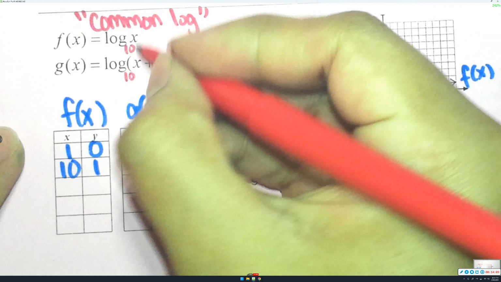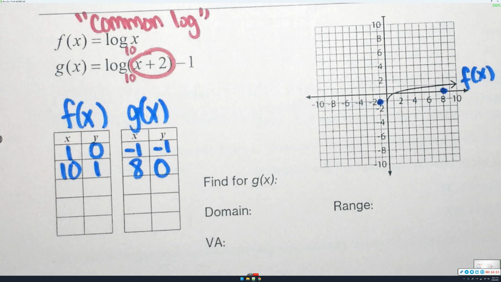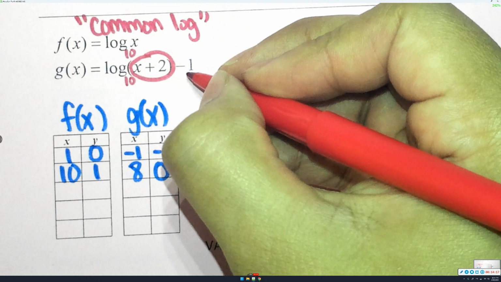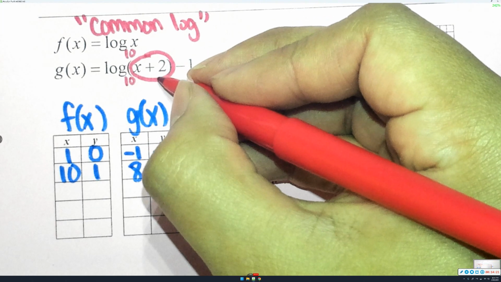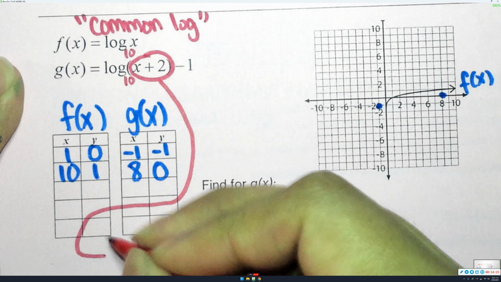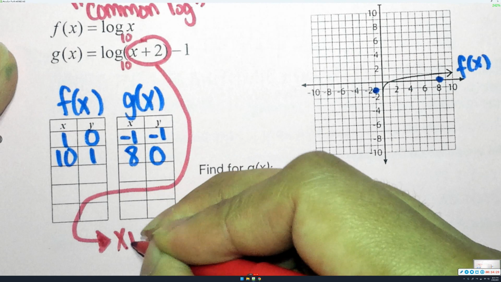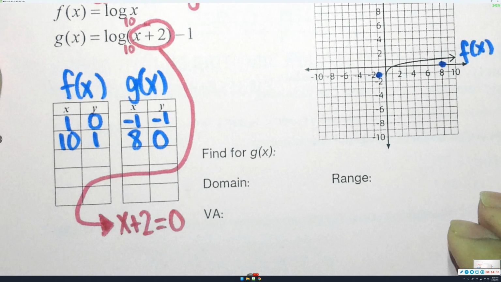For my g of x, I'm going to take the terms within the parentheses. No outside terms, guys. So even though I have that -1 outside, I do not focus on that. I'm only focusing on the x plus 2 within the parentheses. So I bring this down, and I set this equal to 0. So I have x plus 2 is equal to 0. Write that down.